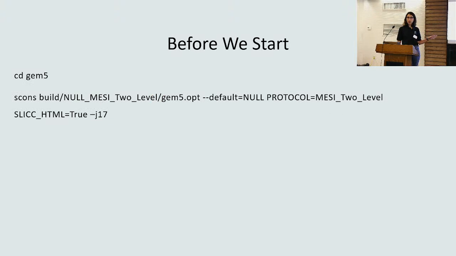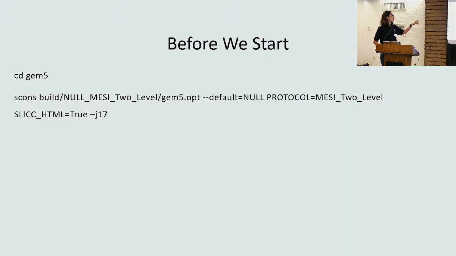Just before we start, to save some time, I want you to build gem5 with Ruby. So all I want you to do is go to the gem5 directory and just run this command line, which is scons build, which you have done multiple times, I believe, so far.